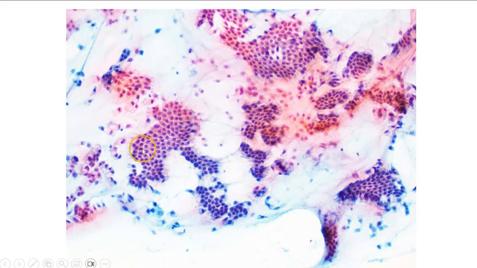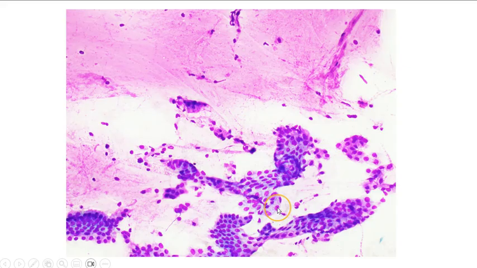Again, we can see some honeycomb sheets of gastric foveolar epithelium, and when the cells are oriented nicely, we can actually appreciate the columnar shape of the cells, and we can see that there is a lot of pale mucin in the cytoplasm. Here also we can see some thin mucin in the background. And this is what they look like on the air-dried smears.